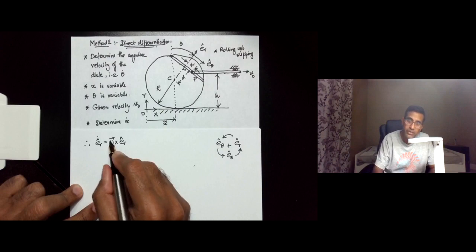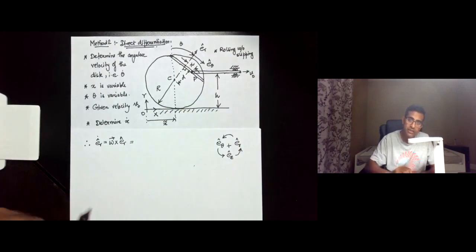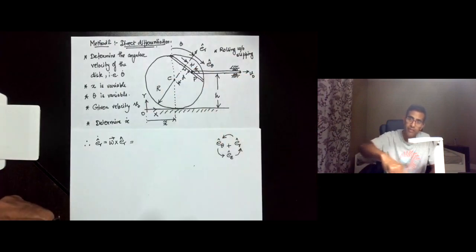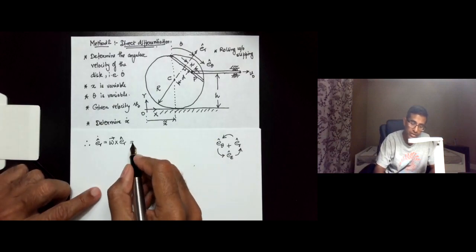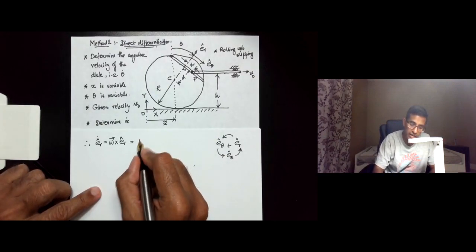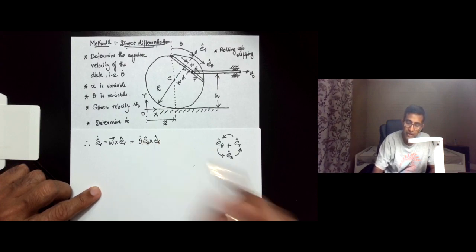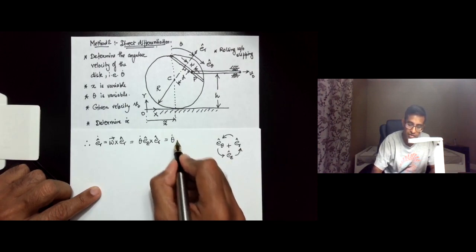What is omega here? Omega here is going to be the angular velocity. As you can see, using the right hand rule, if you curl your fingers in the direction of increasing theta, then the thumb is going to point in the direction of the vector of angular velocity. So the angular velocity is theta dot EZ, and ER dot is theta dot EZ cross ER. Z cross R is E theta, so this is equal to theta dot E theta.